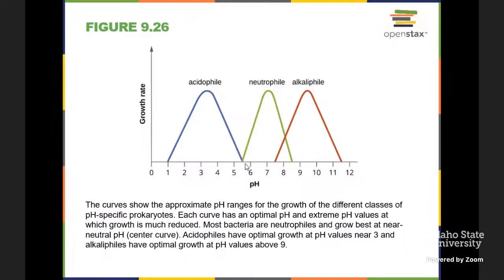So 5.5-ish to 8.5. But as we look at these figures, they're a lot happier peaking up here at all of these tops of our humps. This is their sweet spot, if you will. So right around neutrality is where you get the best growth with our neutrophiles. Can they grow at some altered pHs? Yeah, but not as well.